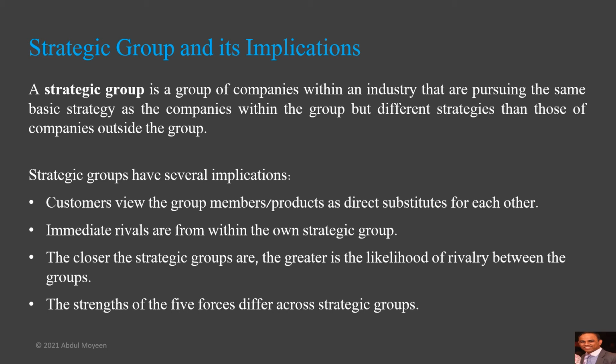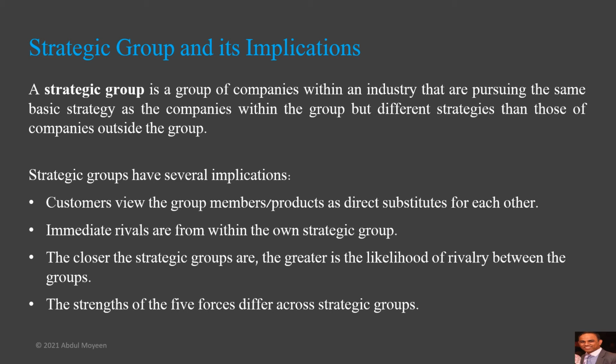Now, the second implication is the closer the strategic groups are in terms of their strategies, the greater the likelihood of rivalry between the groups. So if Mercedes, BMW and Volvo and Toyota, Nissan and Honda were following almost similar kinds of strategies, then there would be a lot of competition between these two groups.